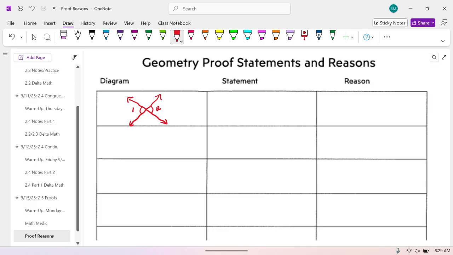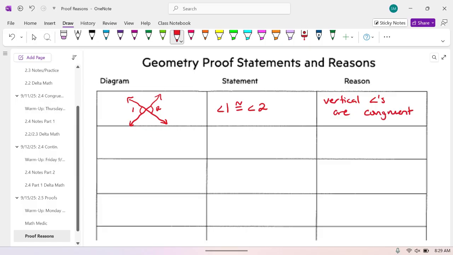They're congruent. So angle 1 is congruent to angle 2. Now, why are they congruent? They're vertical angles. So the reason is that vertical angles are congruent.